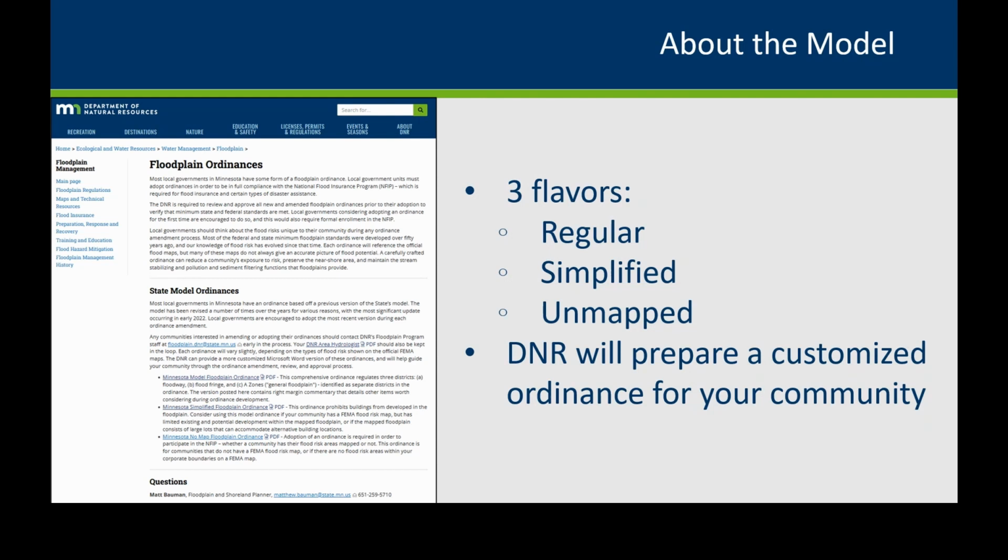Now we have these coastal provisions. If you're a community along Lake Superior, you have to adopt these coastal standards, which are similar to those standards that you would have found on the east or west coast. And then we want to make sure that you're referencing your maps accurately. So if you go on this page, you're going to find PDF versions. But if you reach out to the DNR, we would then provide you a customized Word version of your ordinance.